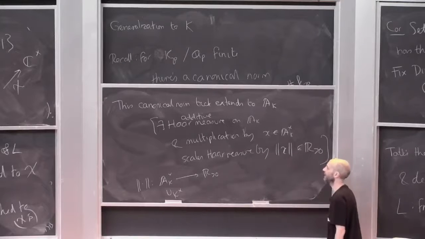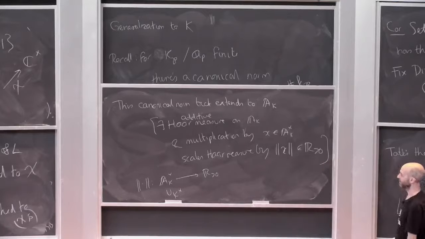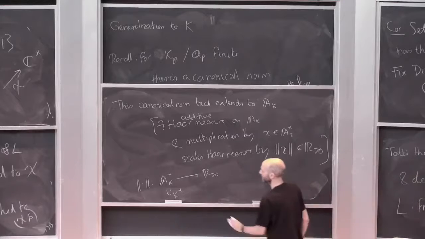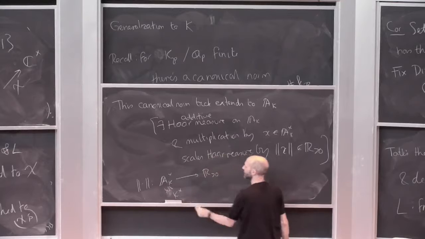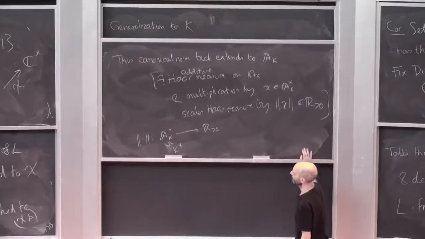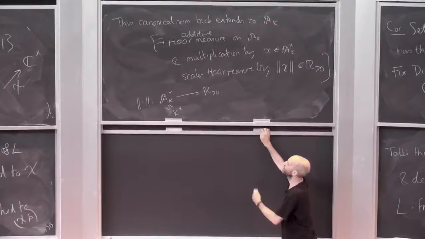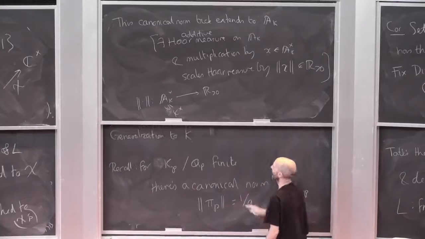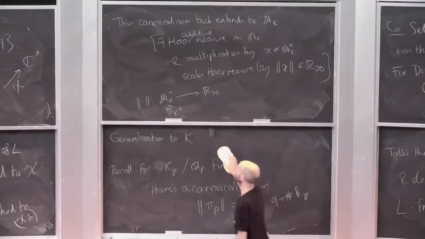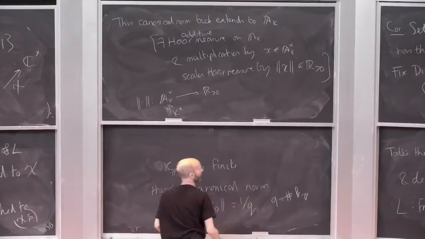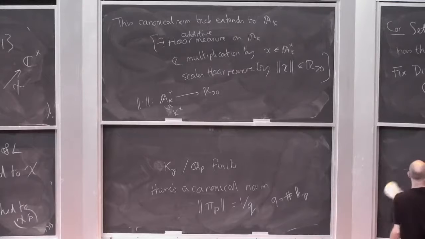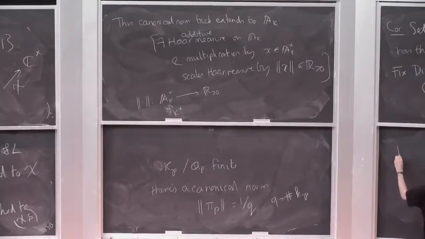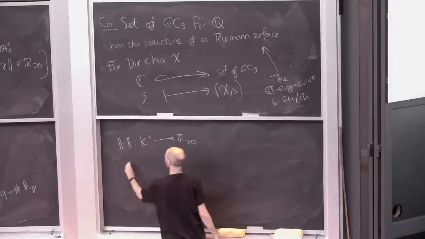It just seems extremely unlikely that such a canonical map should exist. Q(root 2), how am I going to attach a positive real number? I don't know. So this is a subset sign: A_K star contains K star. And so the only possibility for this black magic map on K star is it must be the trivial homomorphism, right? That's not a proof, but somehow this thing from K star to the positive reals turns out to be trivial.